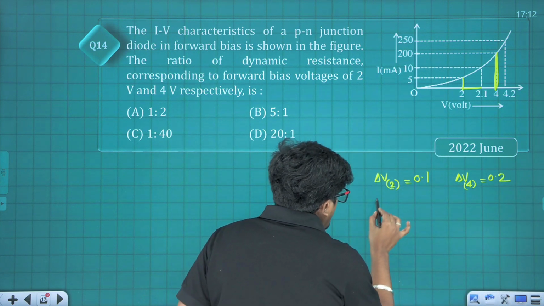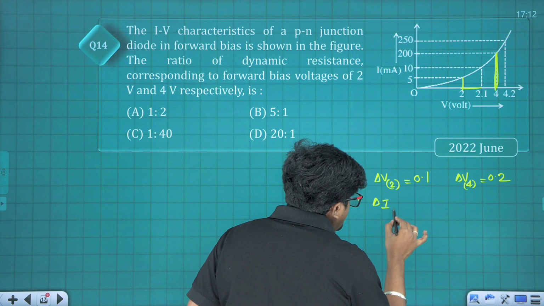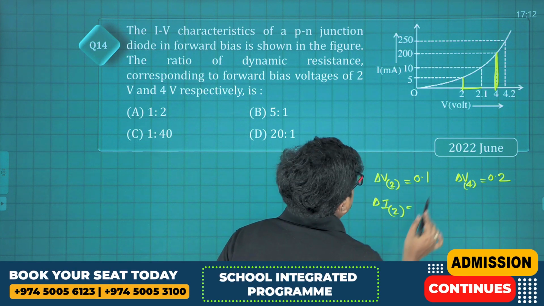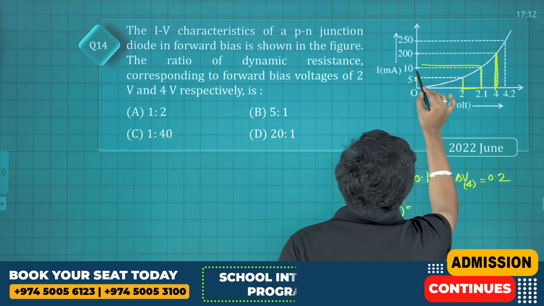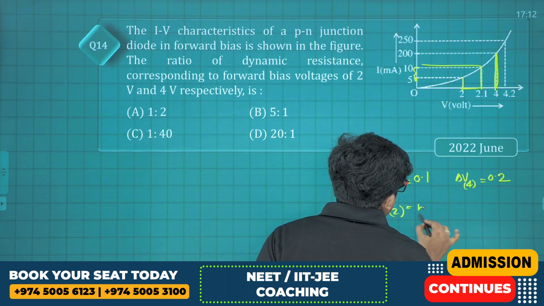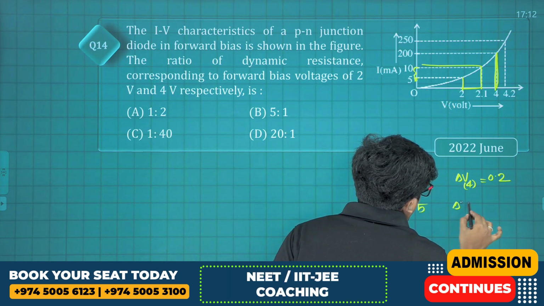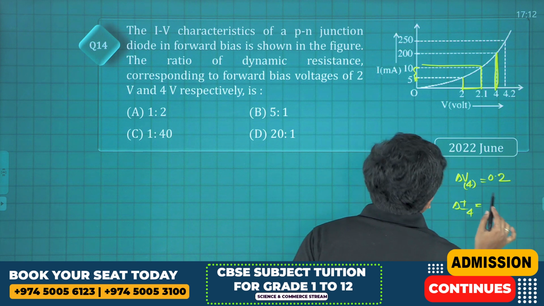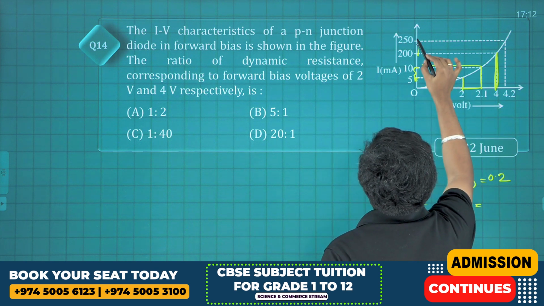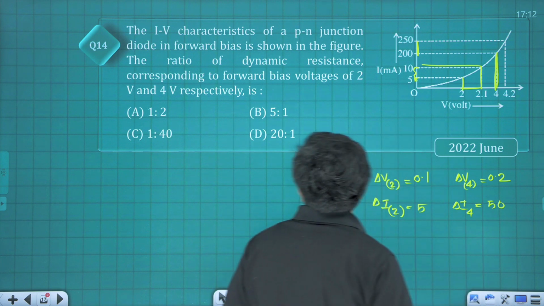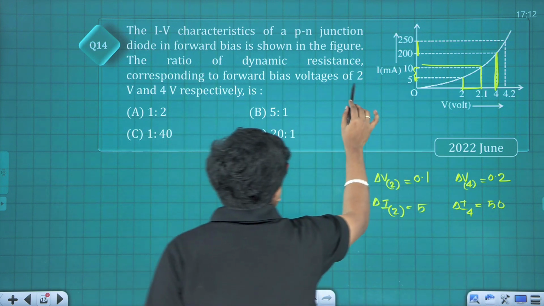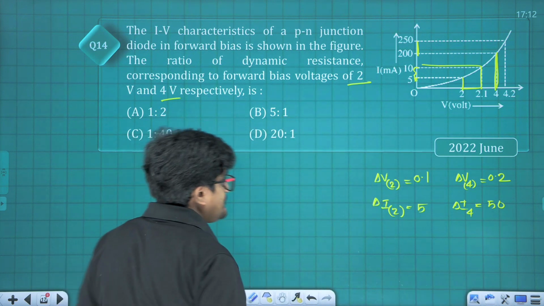Okay, now delta I at 2, it's coming as 5 to 10, that is 5 ampere, and delta I at 4 volt, that was coming as 200 to 250, that is 50, and we need the ratio of 2 to 4.